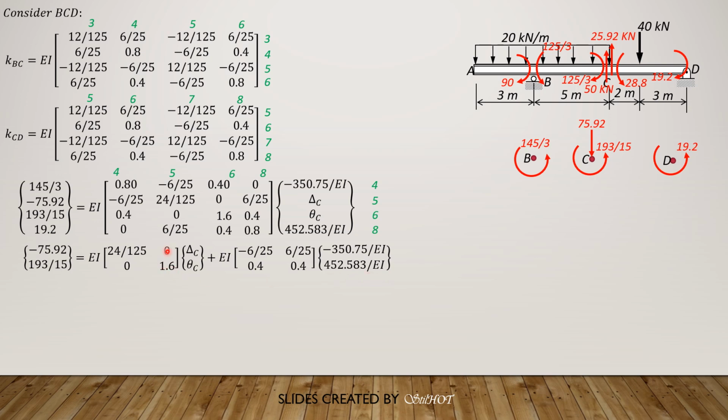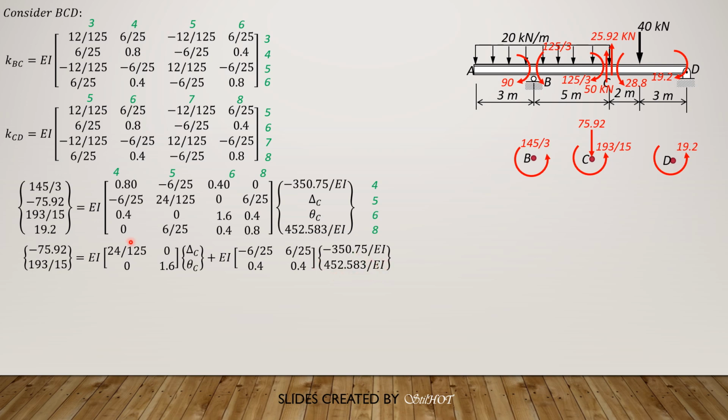Since the other part of the matrix is 0, we can now solve delta C and theta C by just one equation each. Let's expand this first. Negative 6 over 25 times negative 350.75, plus 6 over 25 times 452.583.